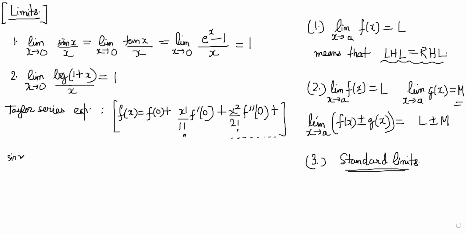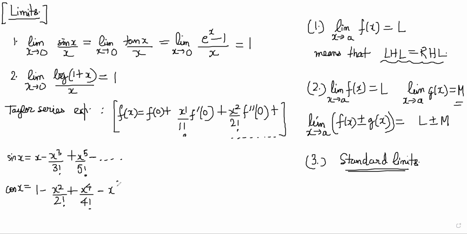You need to remember series for at least sin x because you don't want to keep deriving it all the time. So remember the series for sin x, series for cos x. Cos x is 1 minus x squared by 2 factorial plus x4 by 4 factorial minus x6 by 6 factorial, and so on.